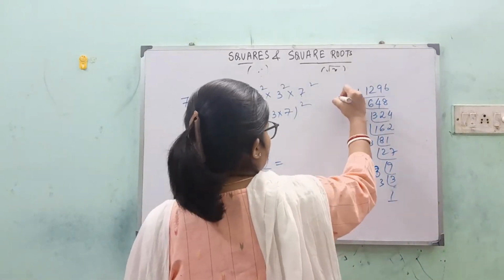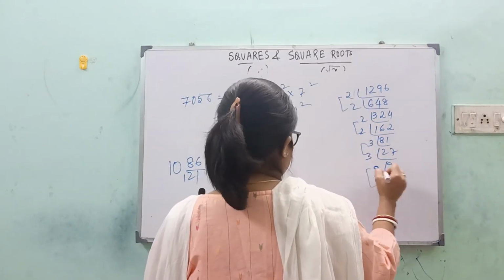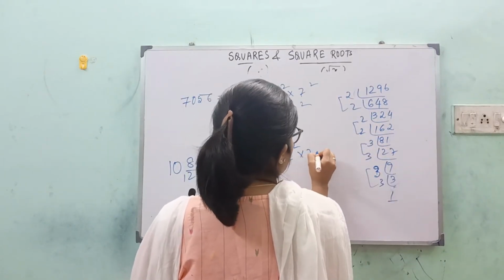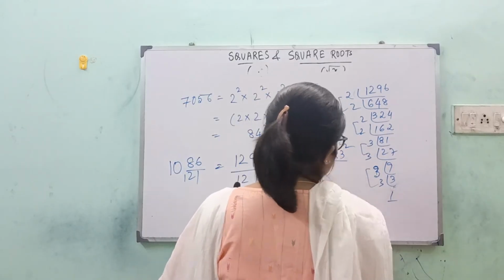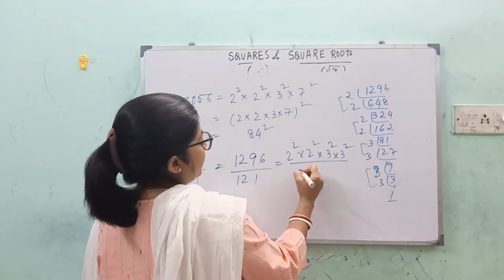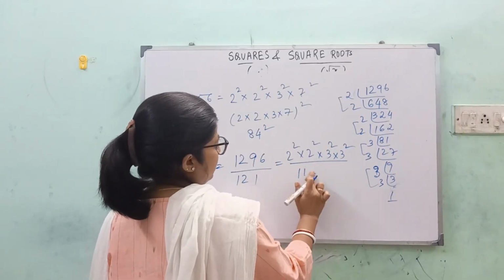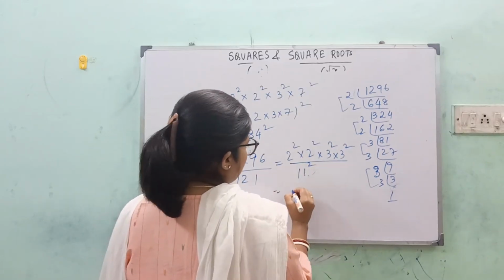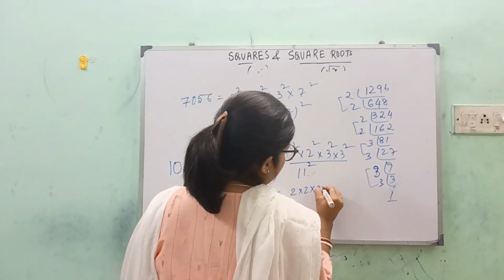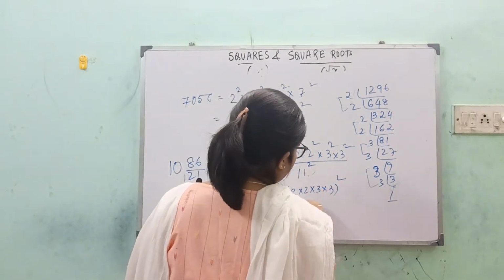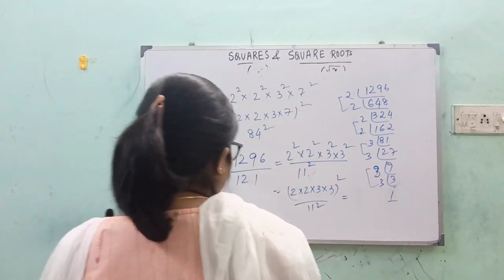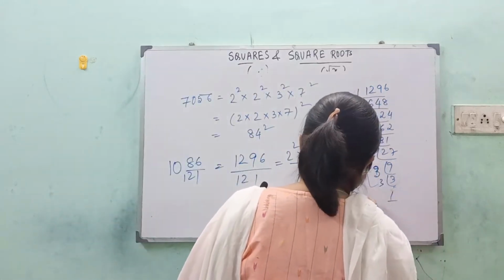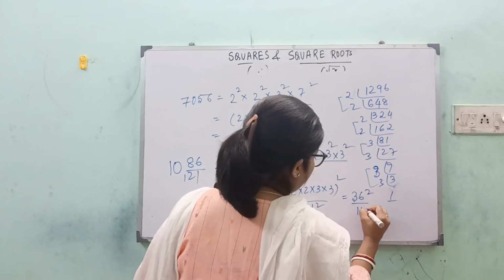So this is 2 squared, 2 squared, 3 squared, 3 squared over, now 121 is 11 into 11, that is 11 squared. So this one is 2 into 2 into 3 into 3 whole squared over 11 squared. That means 2 times 2 is 4, 4 times 3 is 12, 12 times 3 is 36. So 36 squared over 11 squared.